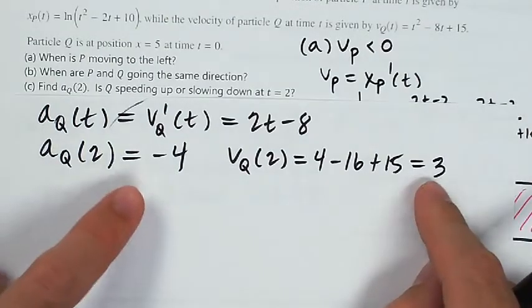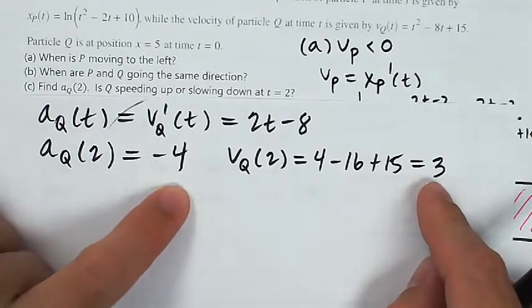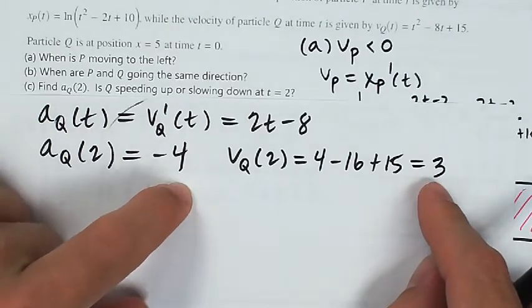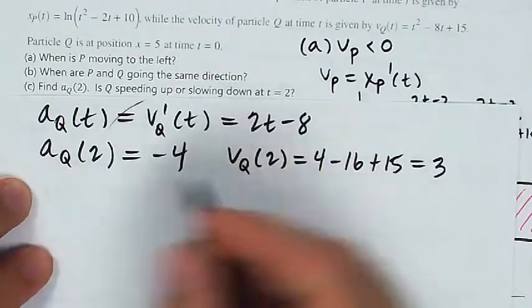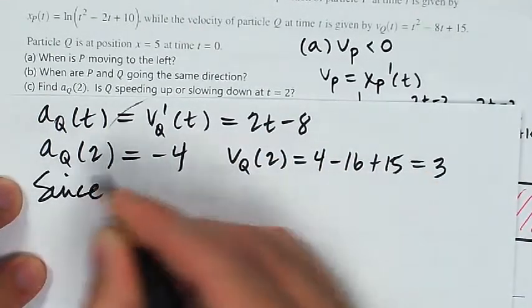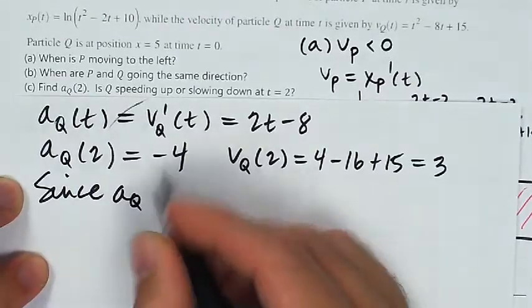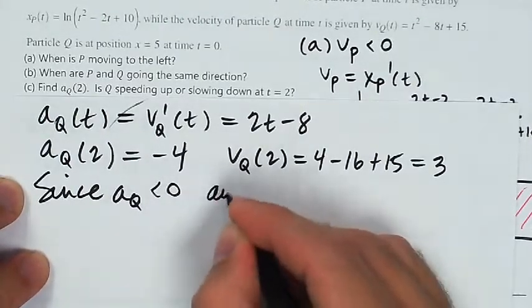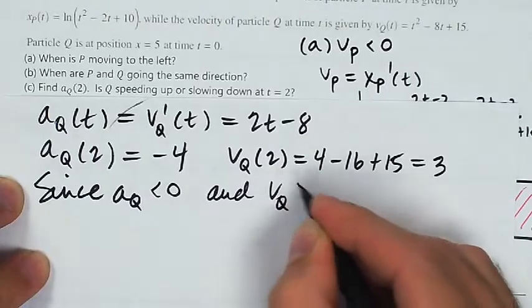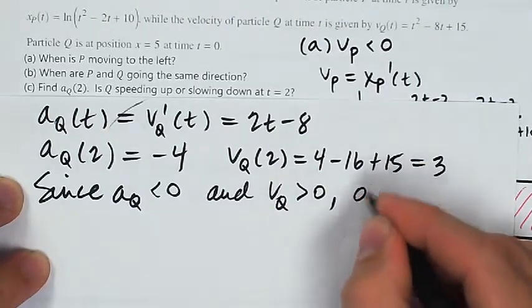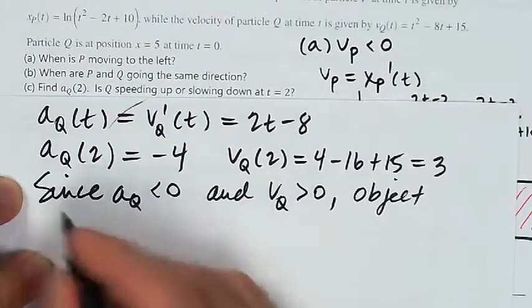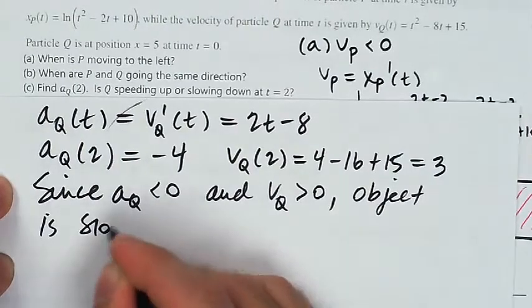Okay. So since velocity and acceleration have opposite signs, since AQ is less than 0 and VQ is greater than 0, the object is slowing down.